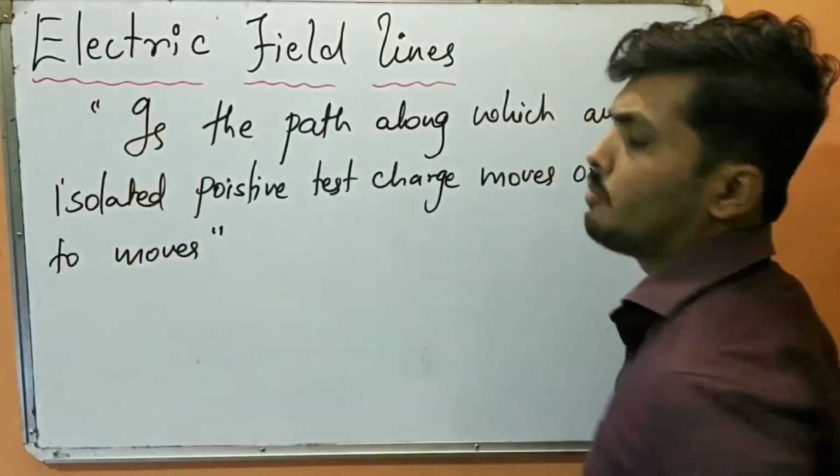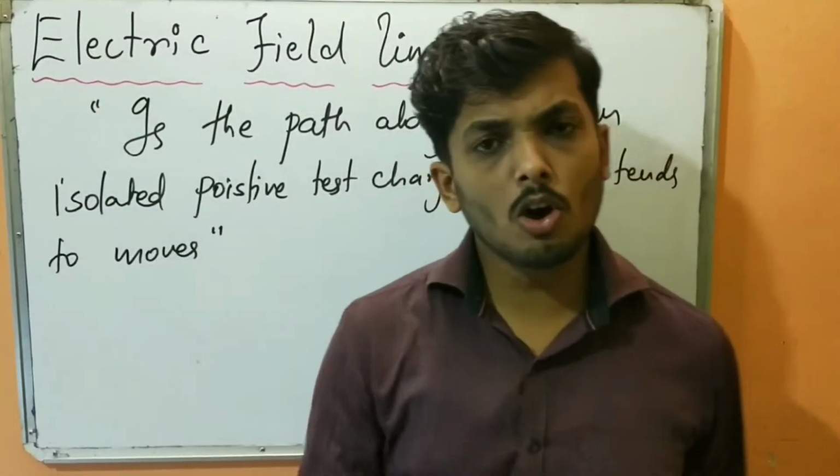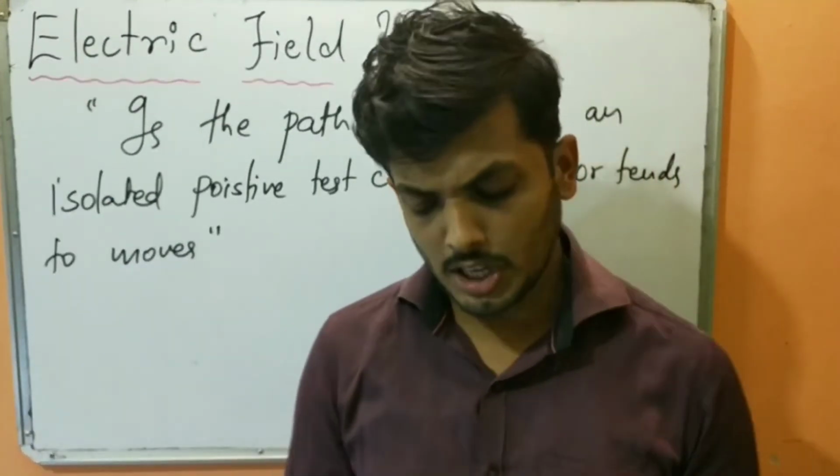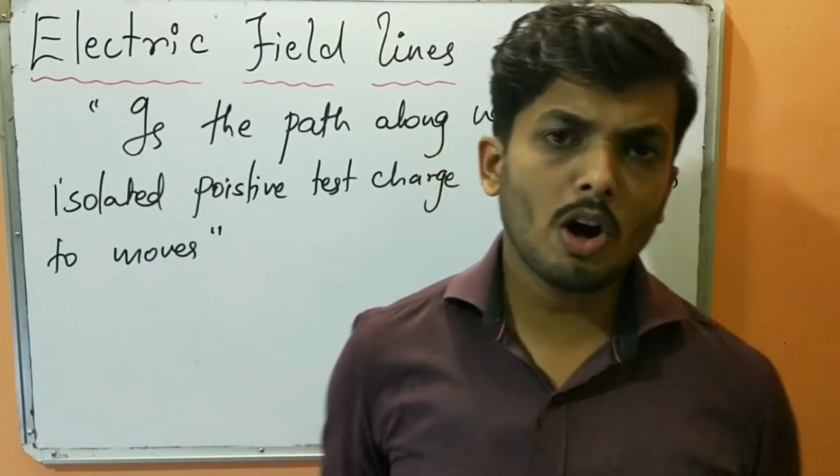Now just understand what is an electric field line. It is the path along which an isolated positive test charge is going to move or it tends to move.